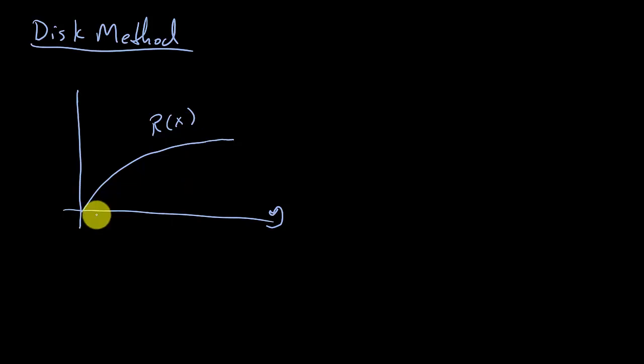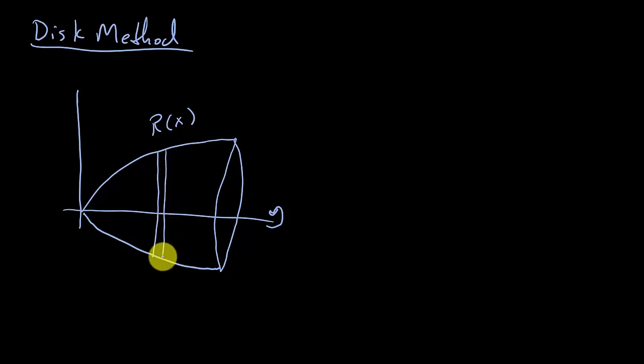So if I rotate this down here, this is supposed to look exactly like this. I know it doesn't, but it's close enough. What we're going to do with the disc method is take these discs. Here's a disc, and we're going to find the volume of this disc, and sum the volumes from whatever this value is to this value.